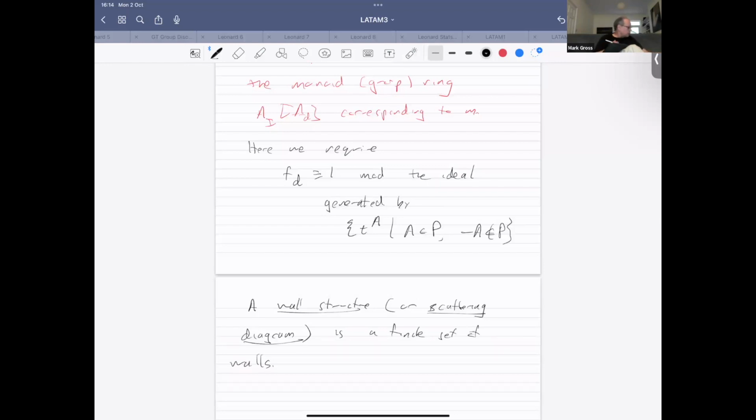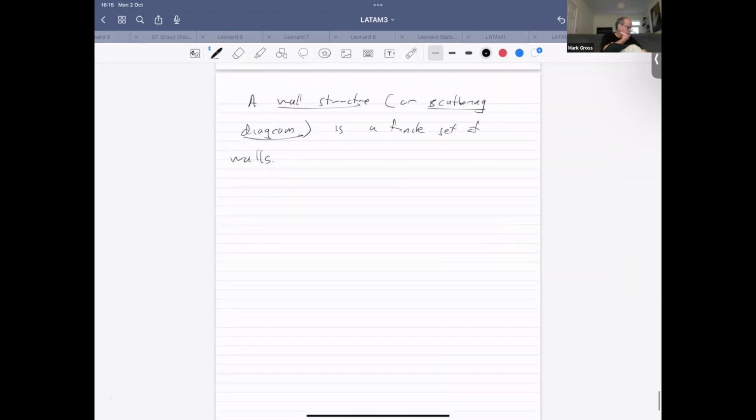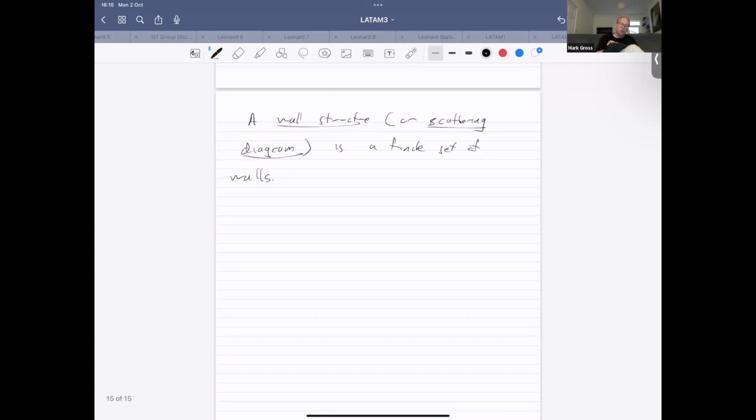Okay, so this is the data structure which is going to allow us to determine certain families. So I'm not telling you how to construct them yet. That's going to come in a later talk. For the moment, let's just take as given a wall structure. So what do we do with wall structures is the next question.